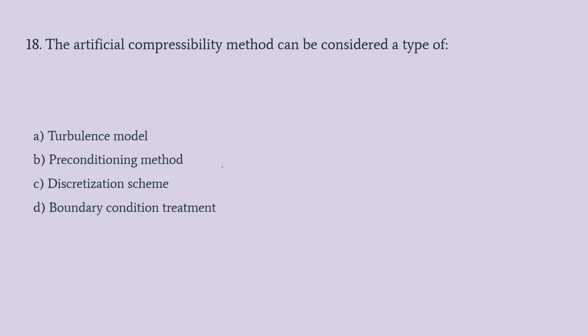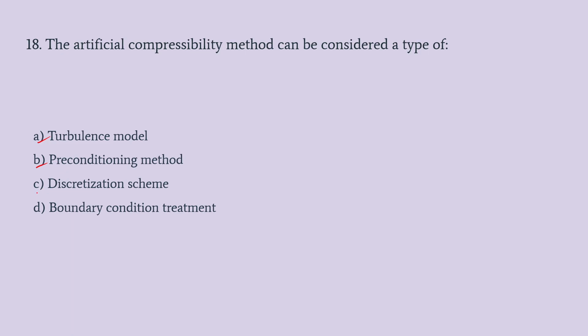Next question. The artificial compressibility method can be considered as a type of... In which category does this artificial compressibility method best fit? The options are: option A, is it a turbulence model? Option B, is it a preconditioning method?